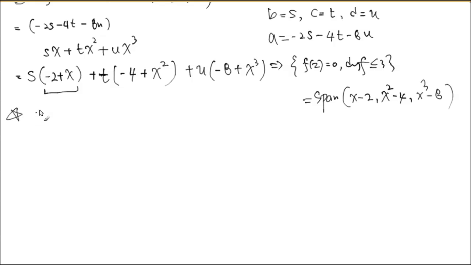An alternative approach is that if you have f of x, knowing that f of 2 equals 0, you can divide any given f of x. So let's say f of x is from that space that we call W here. Then what you can do algebraically is divide f of x by x minus 2. Long division. And what happens? You have a quotient, right?